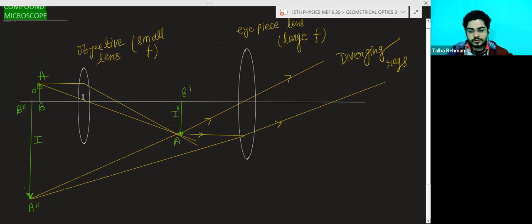The first type of rays are from refraction, coming from the objective lens and meeting here. And here you are getting the image. And the second rays are emerging from this object, which is behaving as an object. So these are the second type of rays. Okay. And what was your question?